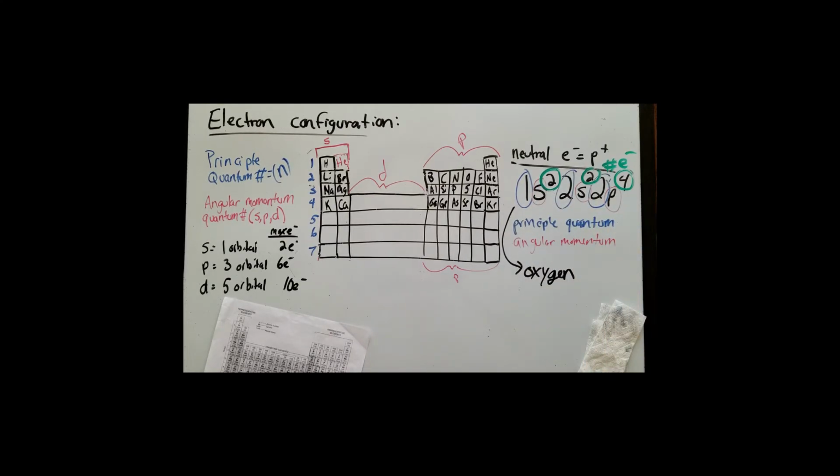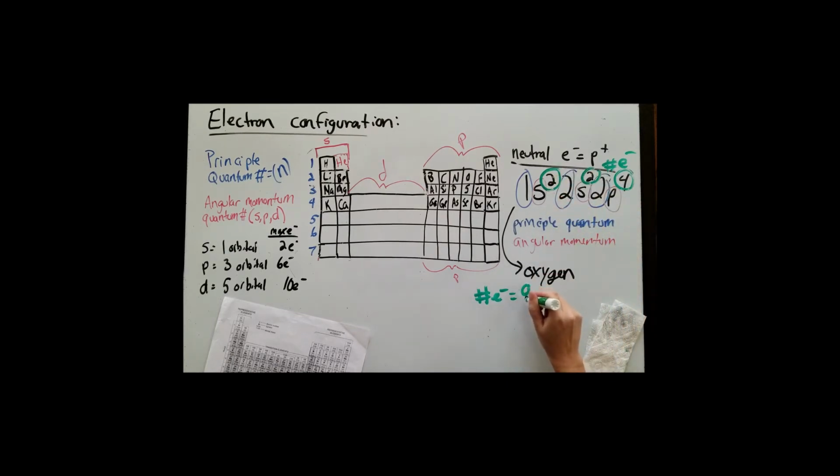Now there's another way to do this, and that is to take the number of electrons and add them together. So why would I want to add together the number of electrons? Well, because I just said this is a neutral atom. So the electrons are going to equal the protons. So let's see, I have 4, 5, 6, 7, 8.